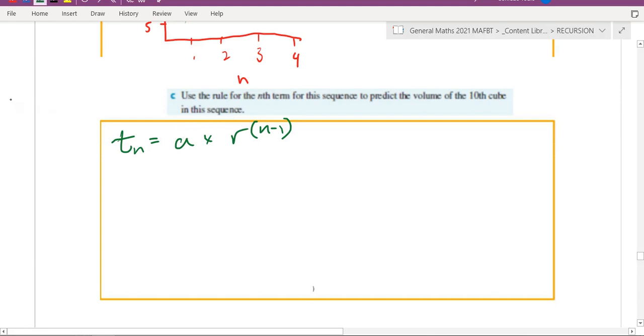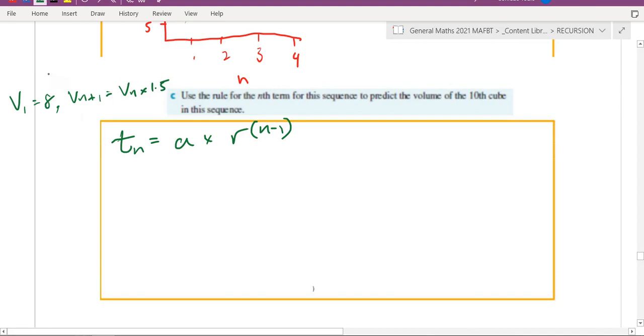Remember your recurrence relation? Oh, sorry, it should be V, my bad. V1 equals 8. And then Vn plus 1 is equal to Vn times 1.5.